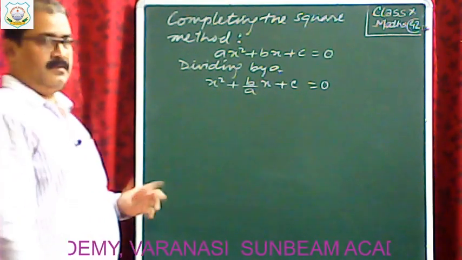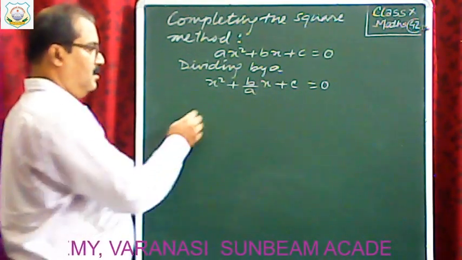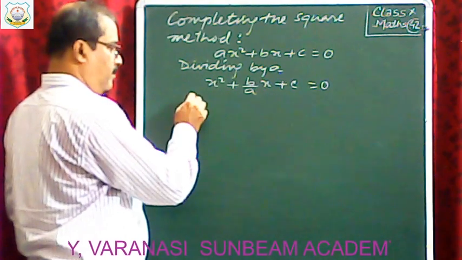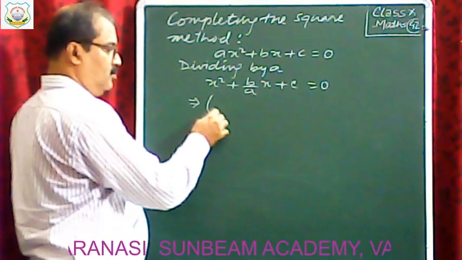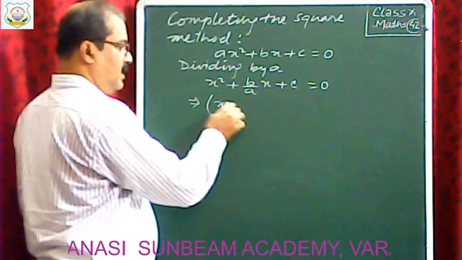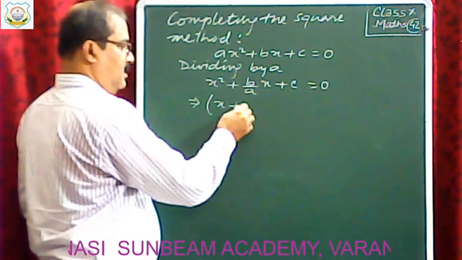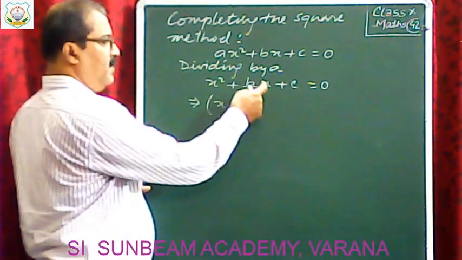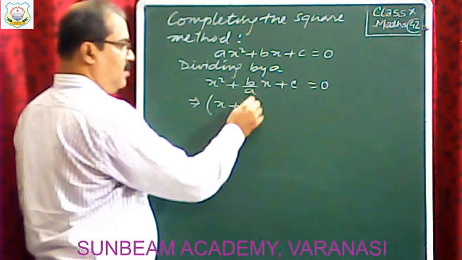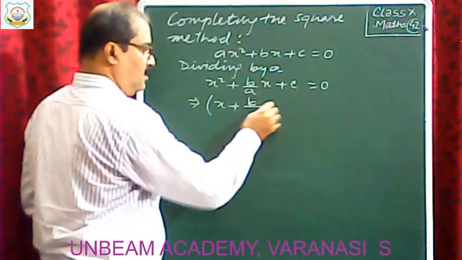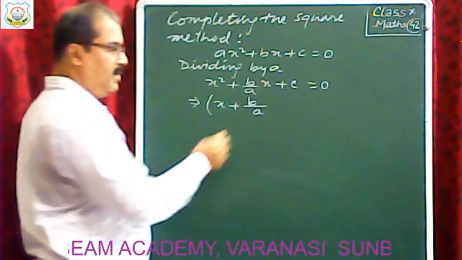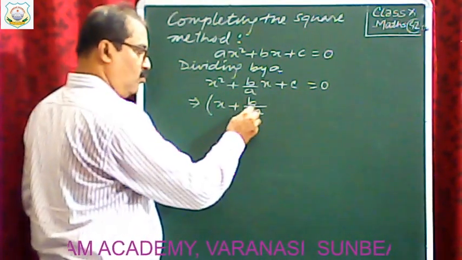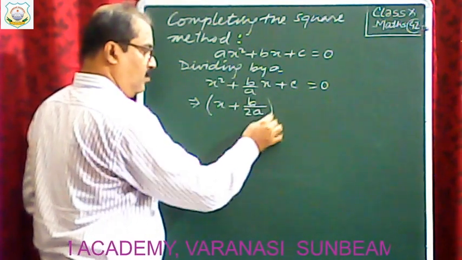Thereafter, manipulation. Now what we have to do, in place of x square you have to write x. Thereafter the coefficient of x, that is b by a, you have to write, and you have to multiply the denominator of b by a by 2 and make it a whole square.